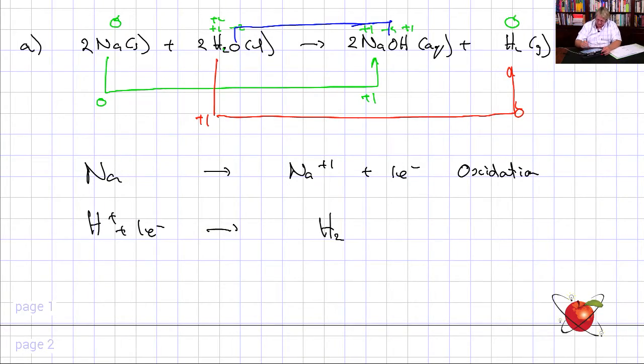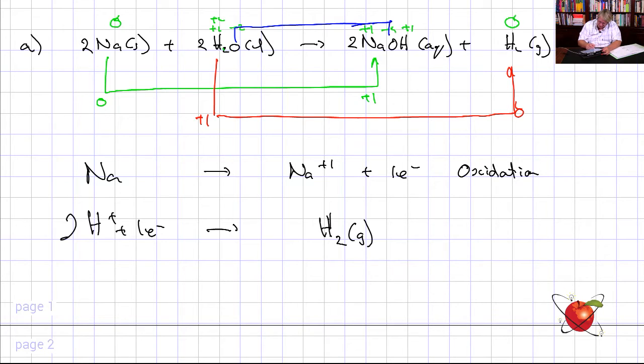Now, be careful of iodine, bromine, chlorine, fluorine, hydrogen, and oxygen, because they must be diatomic. You can't have H+ plus 1 electron going to an H, because we don't get H on its own. It is always H2 as a gas.